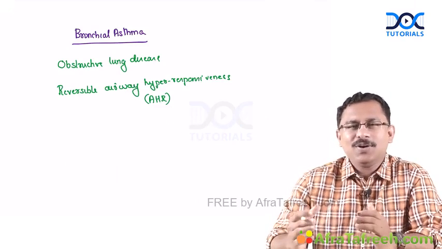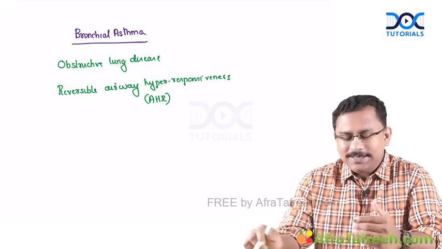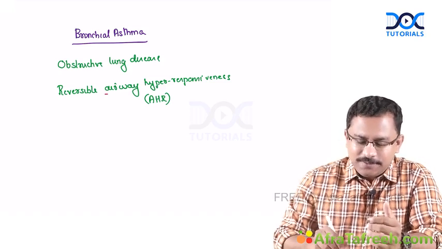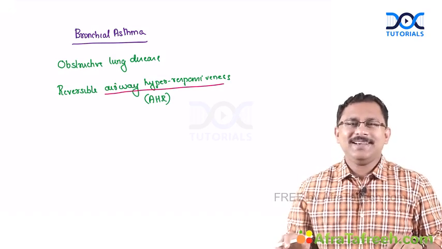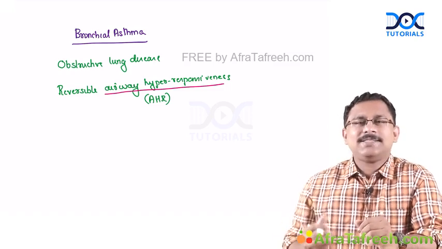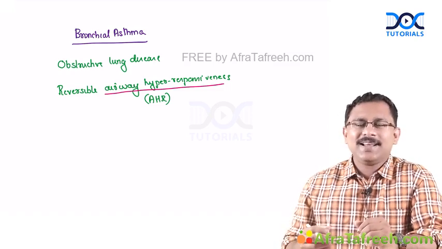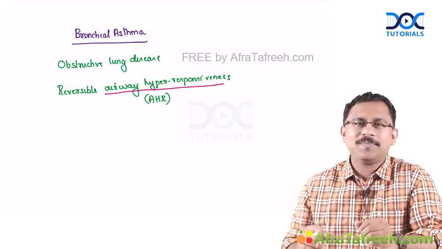Now just moving on to further details of bronchial asthma. For this airway hyperresponsiveness to happen, there should be some cause, correct? There are various triggers, there are various risk factors for asthma.